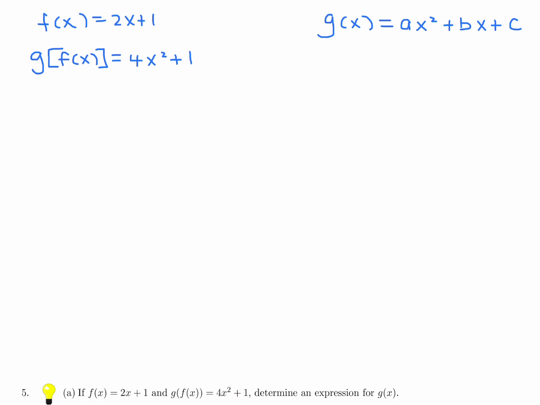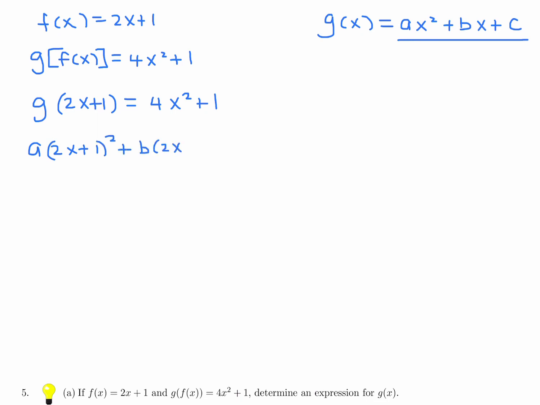So let's start with what they've given us, and that is g(f(x)). Well, f(x) is 2x plus 1, and that's equal to 4x squared plus 1. So I will substitute them into that form. So a times (2x plus 1) all squared plus b times (2x plus 1) plus c, and that is equal to 4x squared plus 1.